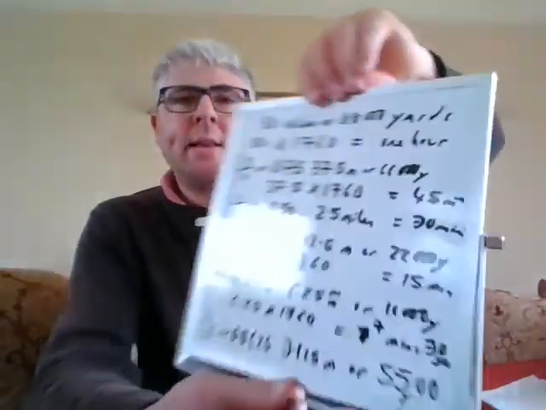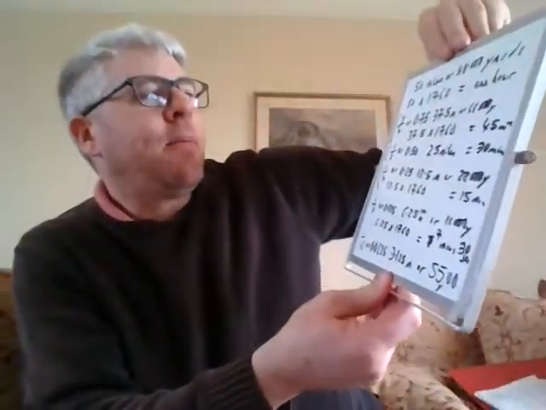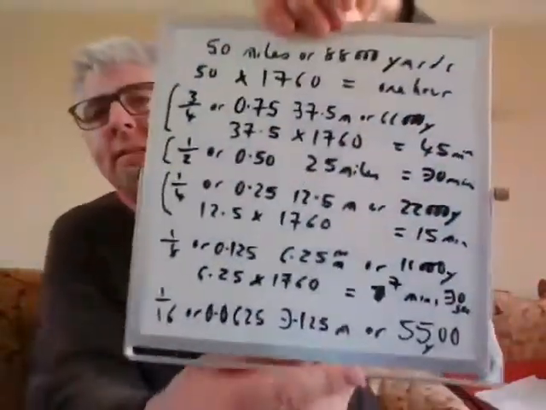So we're doing it in an hour, 50 miles per hour, 50 miles. I just wanted to show you that. If you look at the 3/4, the 0.75, that's 37.5 miles. That unit there is 37.5 miles, or it's 66,000 yards.